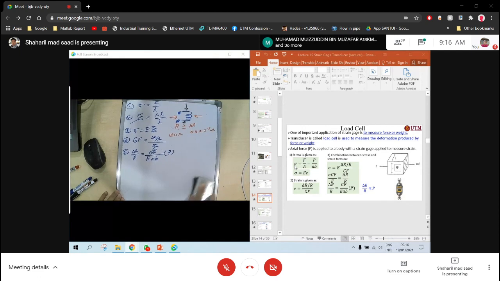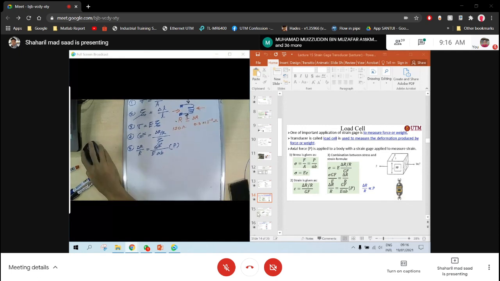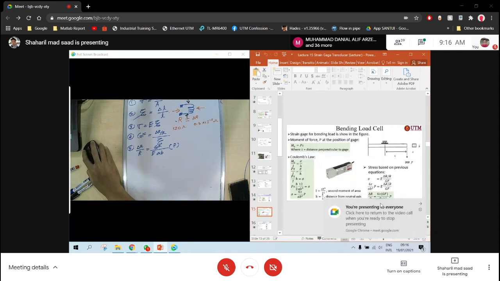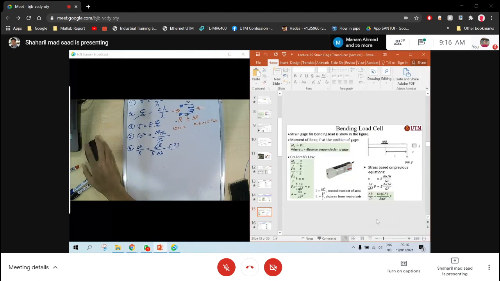So now is formula number 5. And then sometimes we can have the bending load cell. Bending load cell means that you will have some rigid beam, and then you put your strain gauge at, for example, like this one, you put it here, and then the force is applied at the end of this one.